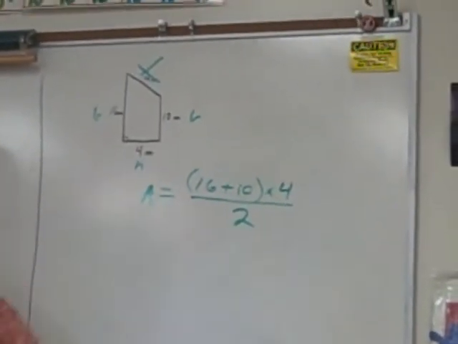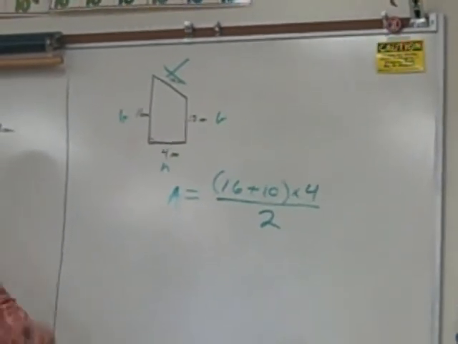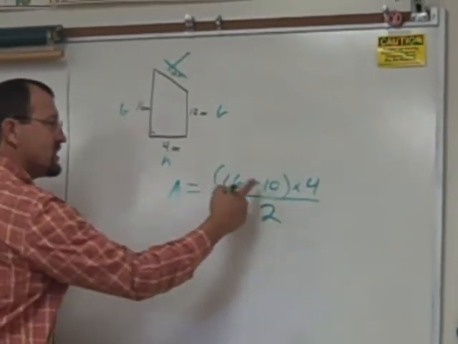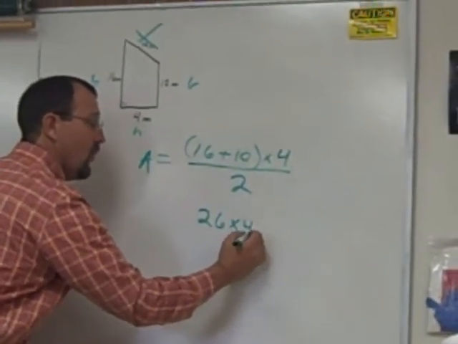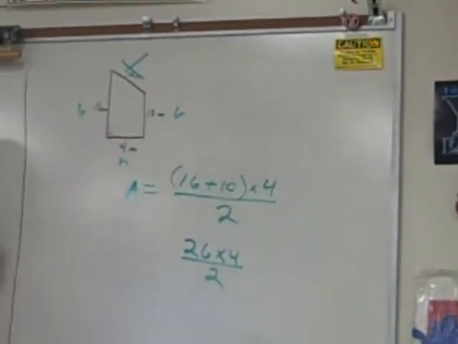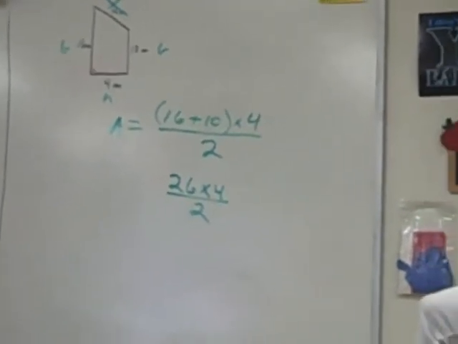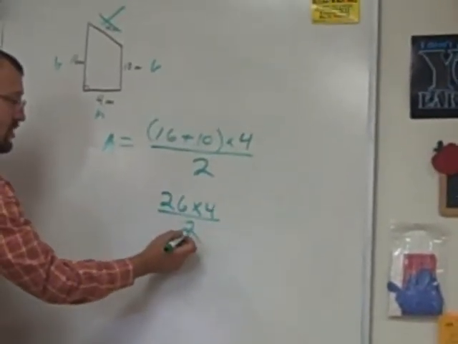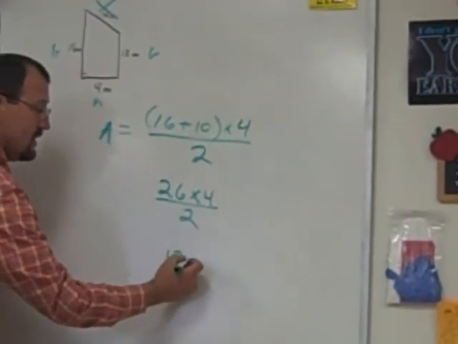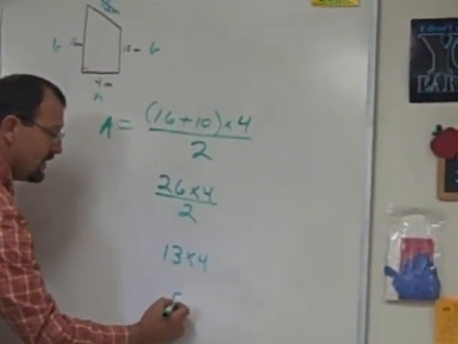Do I shortcut right now? Nope, not till after I do the parentheses. 16 plus 10 is 26. 26 times 4 divided by 2. Now we can shortcut. I'm going to shortcut the bigger number, right? What's 26 divided by 2? 13. 13 times 4, 52.